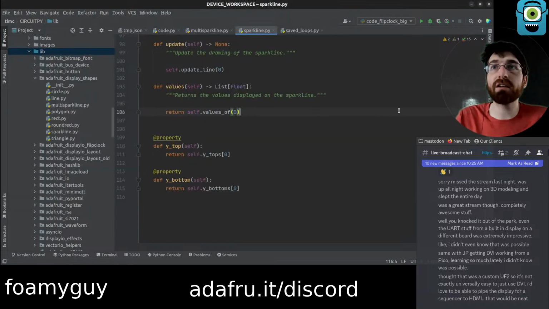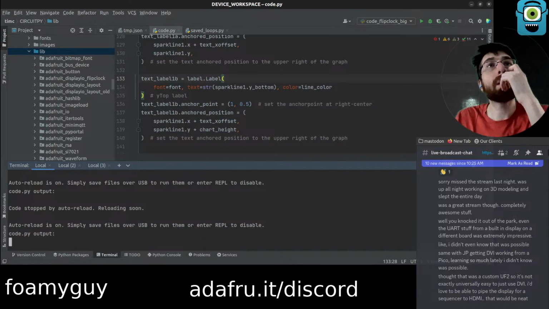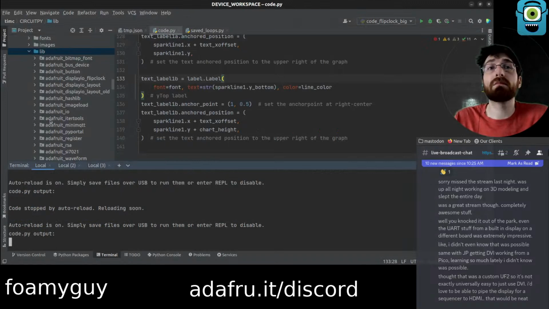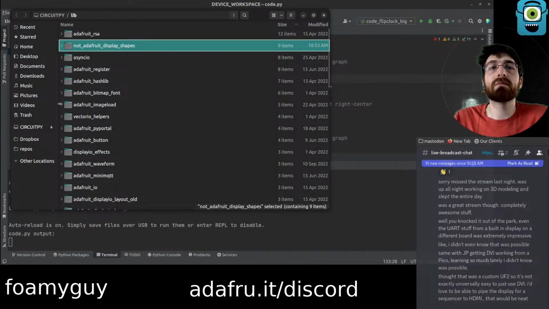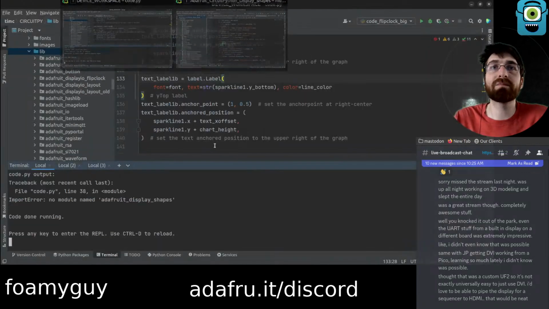Do the old not Adafruit display shapes. Make sure it crashes. That's curious. Oh, there we go. Okay, just took it a second.